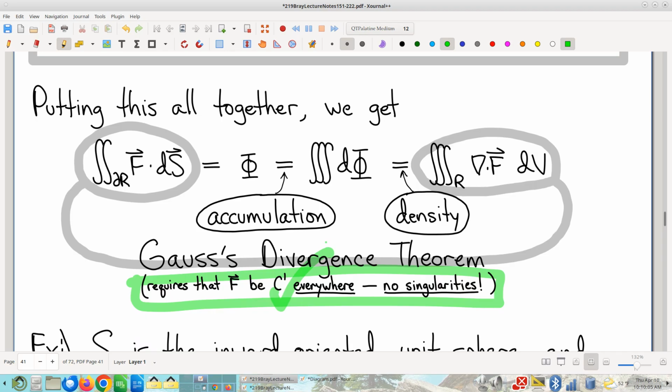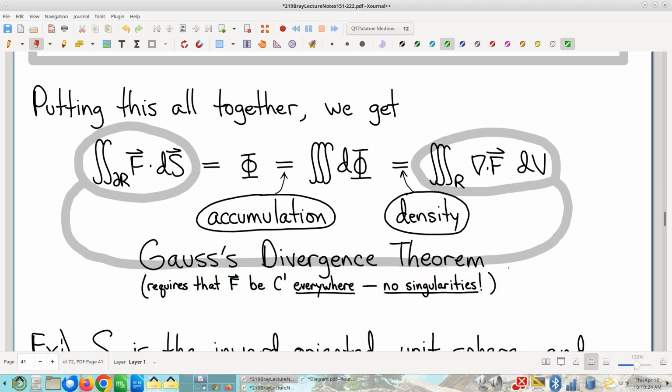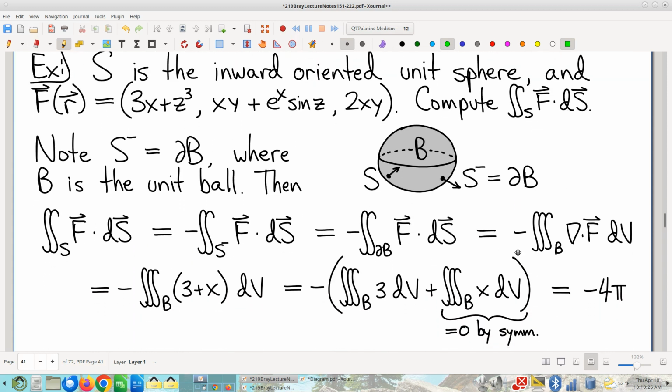If it's not, we've got a problem. And by the way, even so much as at a single point, even if it's just one measly, tiny, little, itty-bitty single geometric point, unacceptable. The whole theorem crashes and burns. So we'll see an example of that coming up in a minute as well. Okay, so first a little starter example.